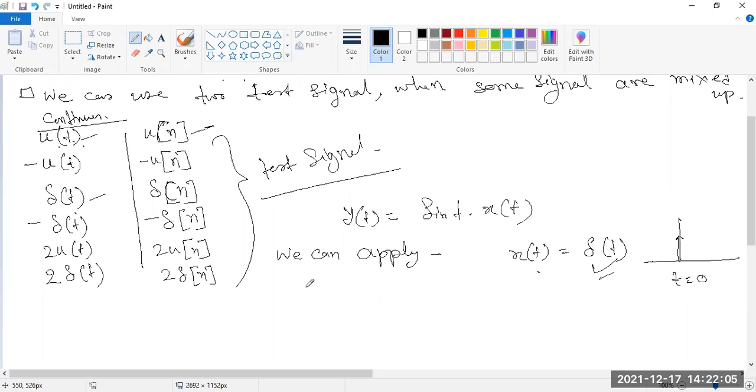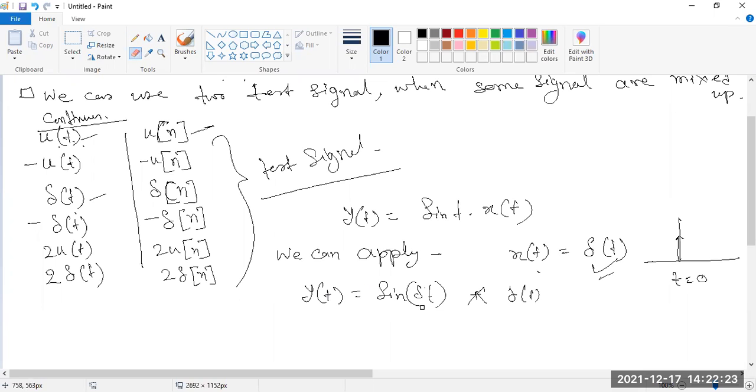So what happens? y(t) equal to sin(t) times delta(t). This is multiplication.